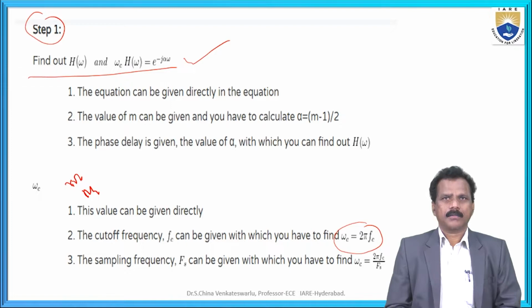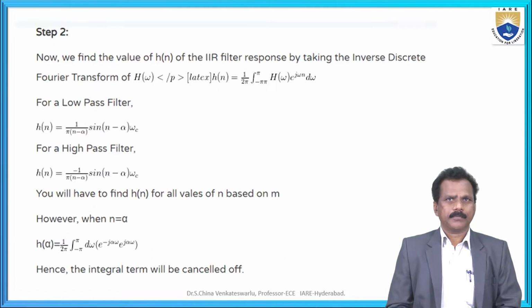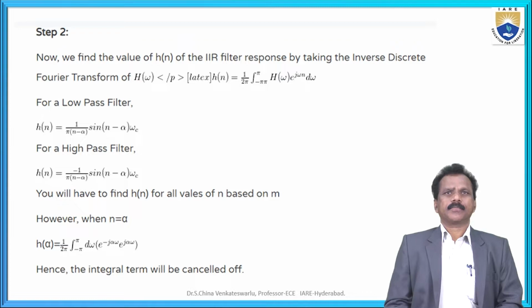We have to follow this step-by-step procedure. The first step is very crucial for finding H_d(omega), which is equal to e power minus j alpha omega, where alpha is equal to (M minus 1) by 2.